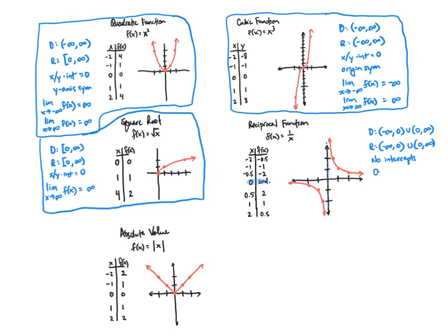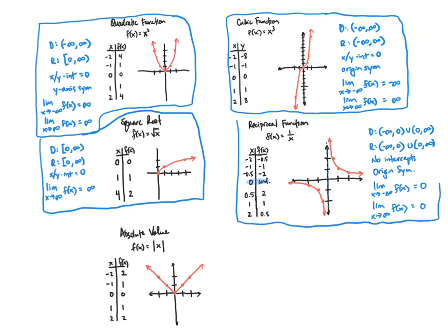It has origin symmetry. And then as far as end behavior goes, the limit as x goes to negative infinity of the function approaches 0. Likewise, as x approaches positive infinity, so infinitely to the right, the function also approaches 0. So here are your reciprocal function characteristics.